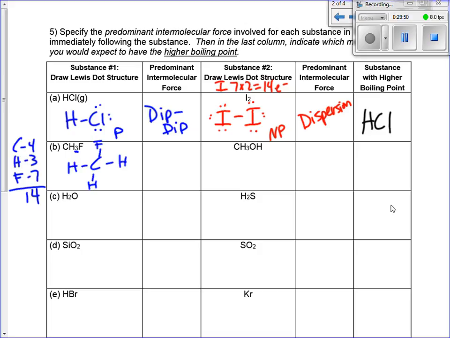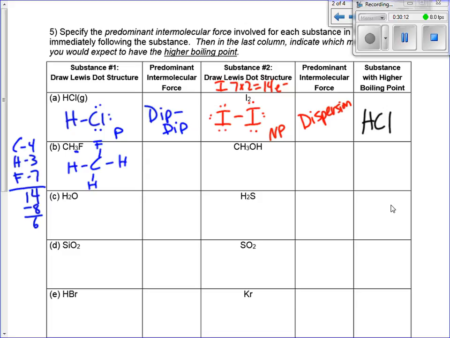Okay, so how many have I used? 2, 4, 6, 8. I have how many left? 6. Are the hydrogens okay with 2? Yes, because hydrogens only need 2. Remember, they're trying to mimic helium. Does the carbon have 8?